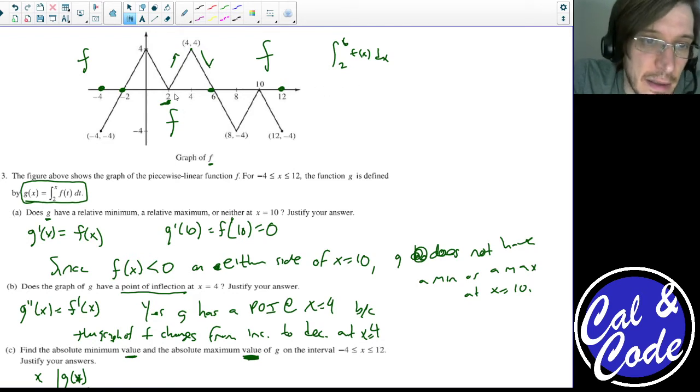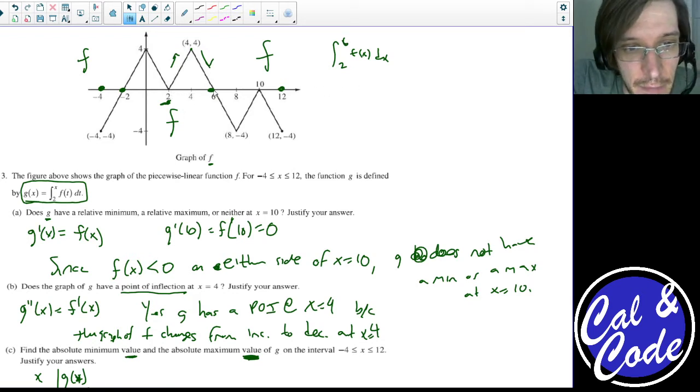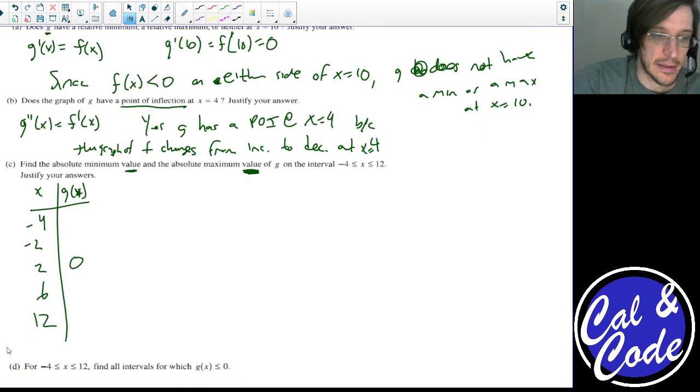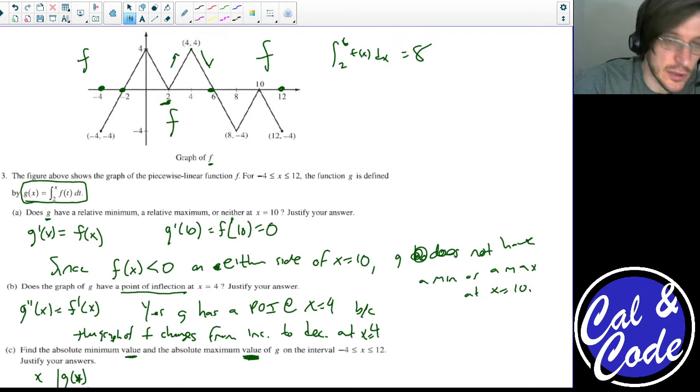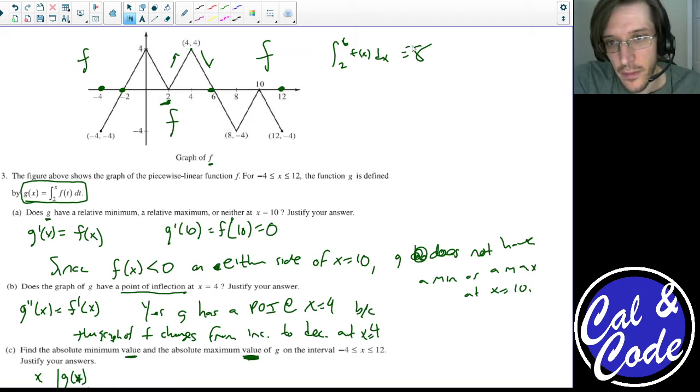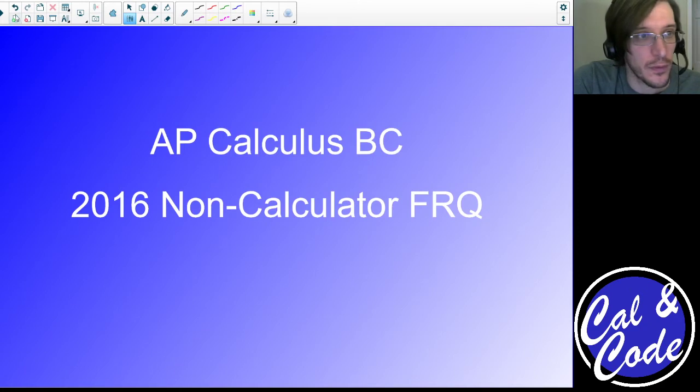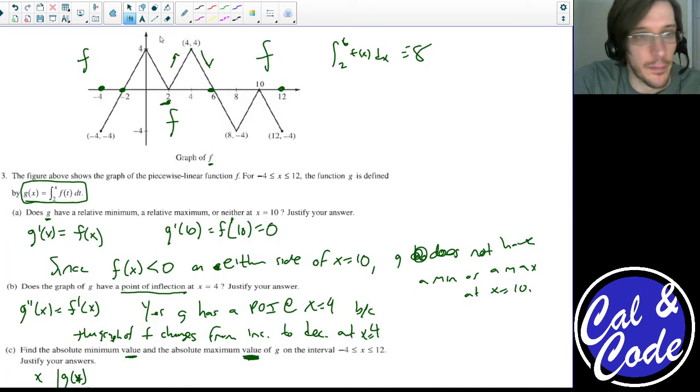And that integral here is a base of 4, height of 4. So that is a value of 8. To get to 12, oh, and it's negative, excuse me, because we're above the axis. Okay, yeah. Whoops, not negative. We were positive.